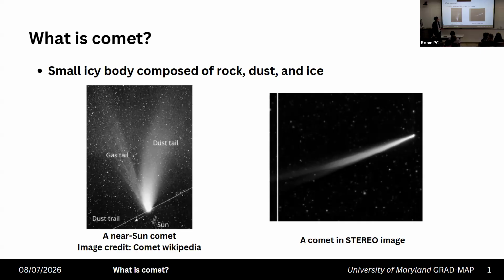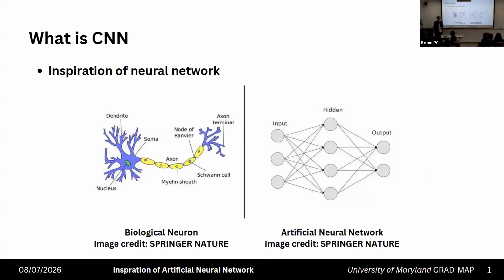And the next topic we talk about is CNN, which is our AI model. CNN stands for convolutional neural network. And what is a neural network?